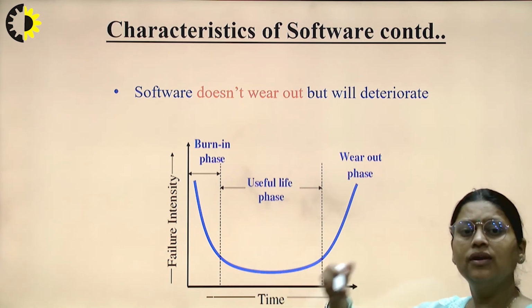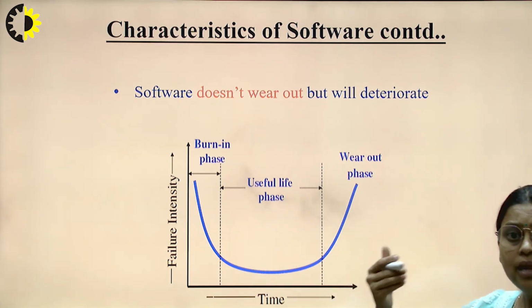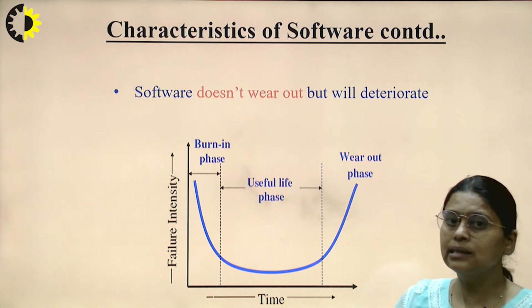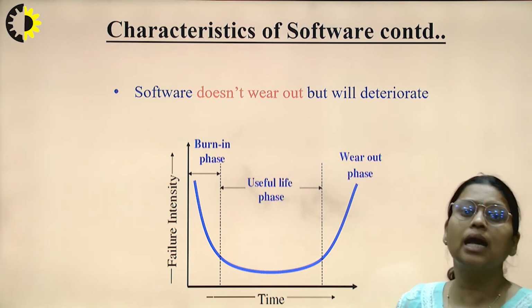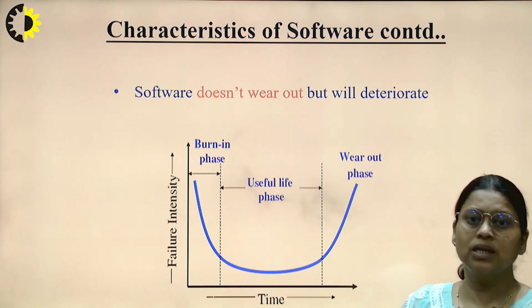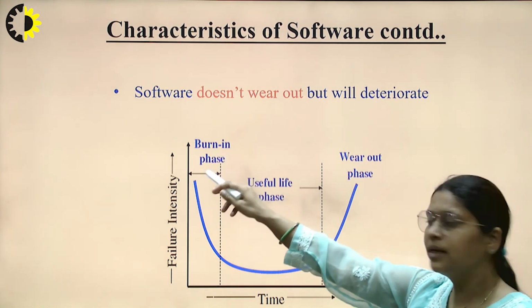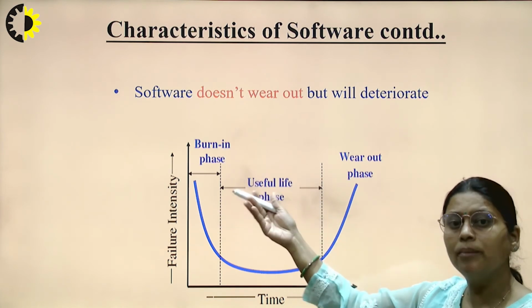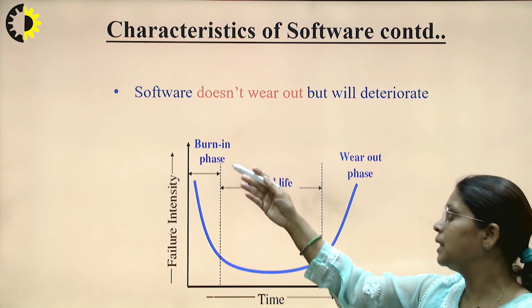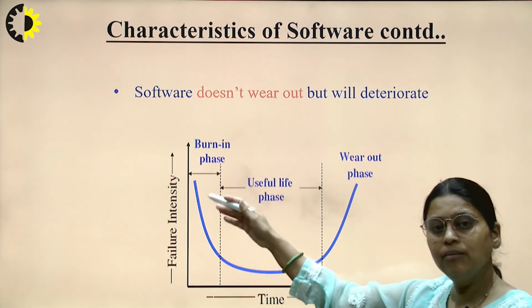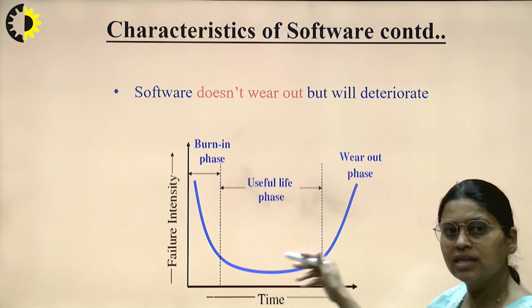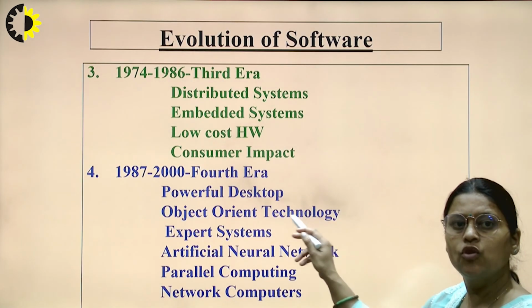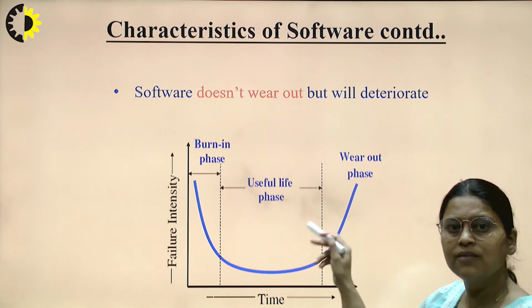Once the software is implemented, the performance is very high, because it is implemented as per the current requirement and current technology. At that time the software remains in the useful time, as we have seen here.